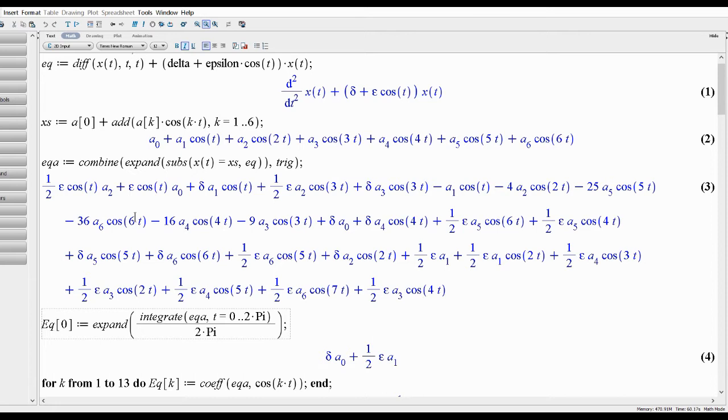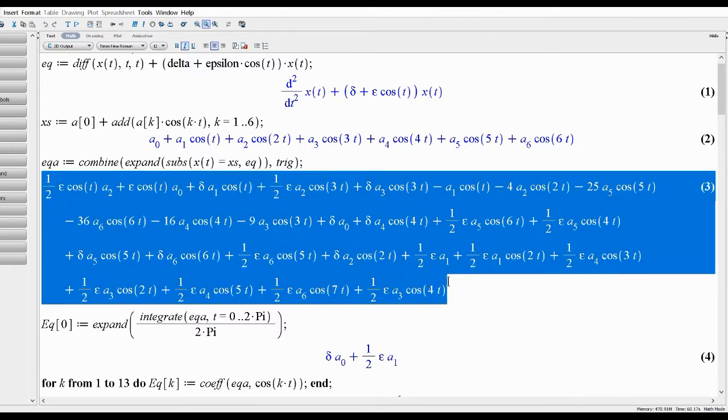Now over here I'm going to do something which is basically like harmonic balance. So I'm going to pull out the constant term, and I'm going to pull out the coefficient of cos t. I'm going to pull out the coefficient of cos 2t and cos 3t, and so on. Only cosines are there, as we have discussed in the previous lecture.